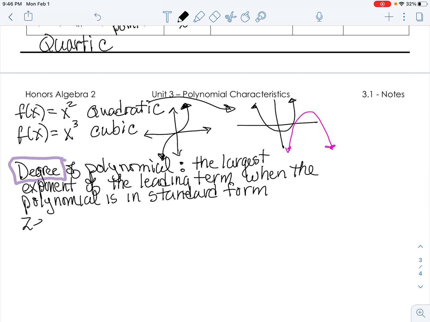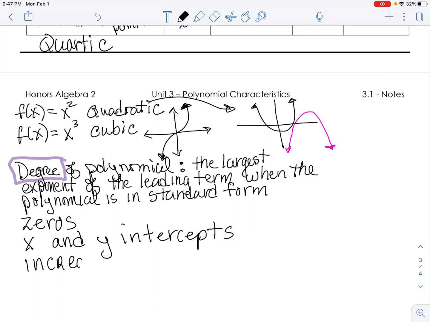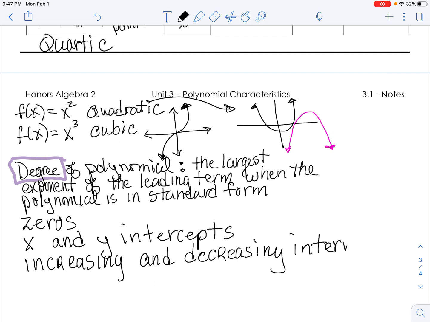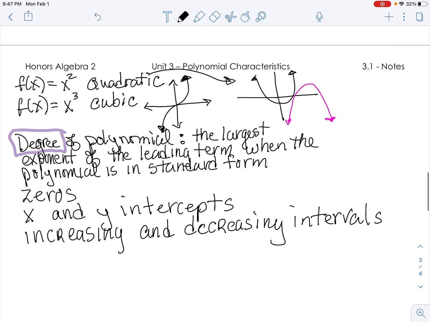Okay, so polynomial characteristics. We've talked about the degree. You know what the zeros are. You know what x and y intercepts are, right? You know increasing and decreasing intervals, because we did that already when we learned the parent functions.